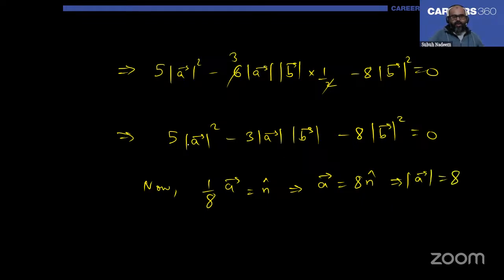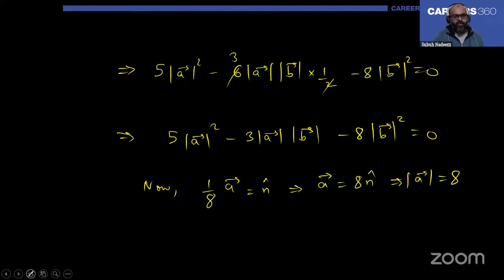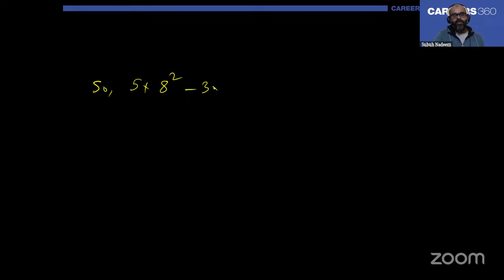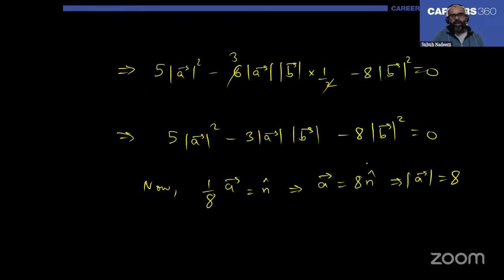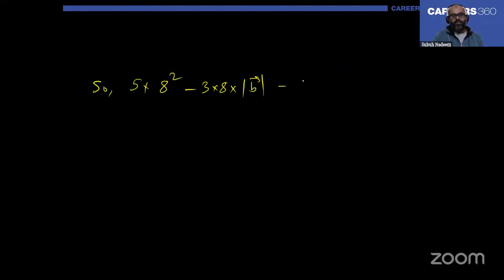So we can replace mod of A by 8. So it will become 5 into 8 square minus 3 into 8 into mod B, and then minus 8 mod B square. This is equal to 0.